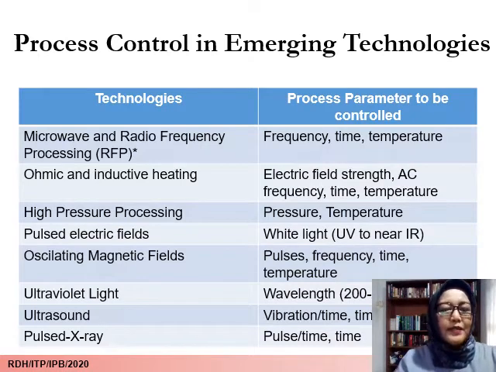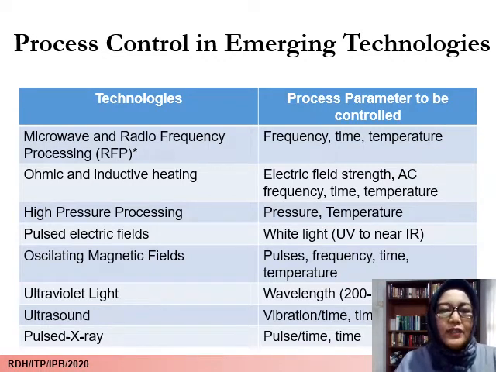In explaining the difference between validation, verification, and monitoring, I use pasteurization as an example in which the parameters for the control are usually temperature and time. In this table, we are learning that a different process parameter has to be applied for different technologies.